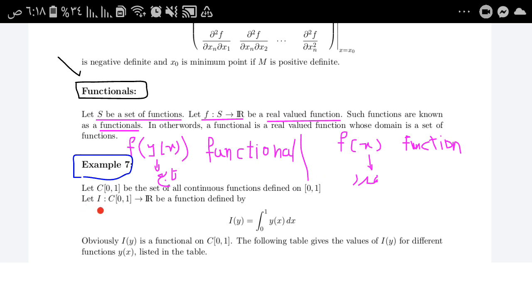Let I from C[0,1] to R be a function defined by I(y) equal to the integral from 0 to 1 of y(x) dx. اینو بهش میگیم فانکشنال.